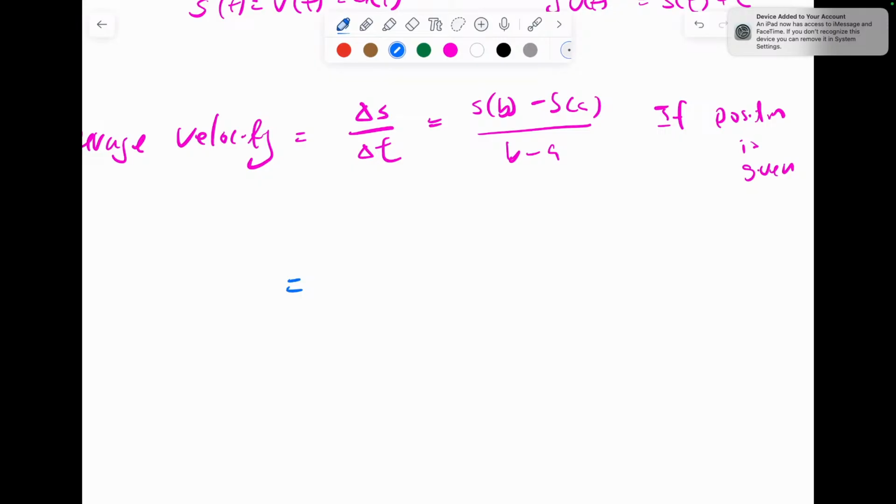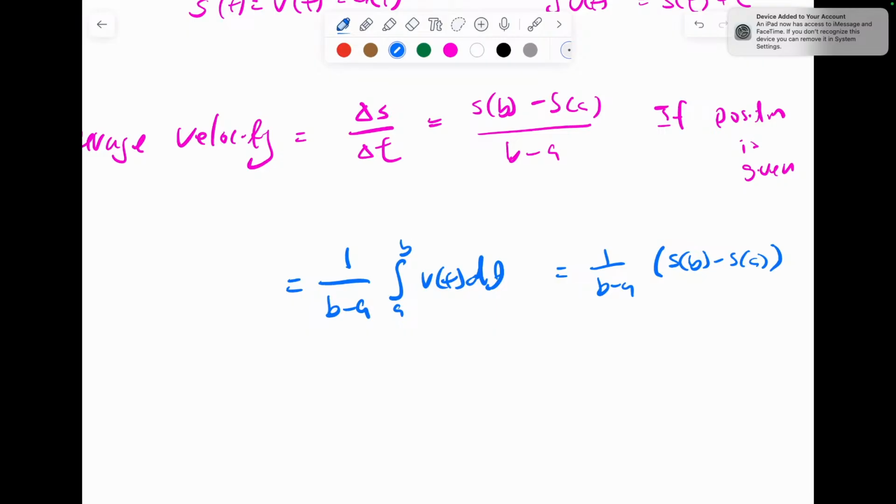What do you mean by average value? 1 over b minus a, integration of v of t dt between a and b. I can do this because the integral of velocity is going to be s of b minus s of a, over b minus a.